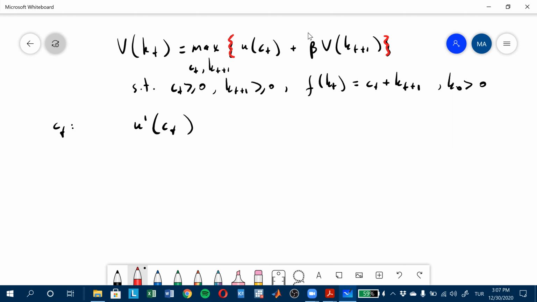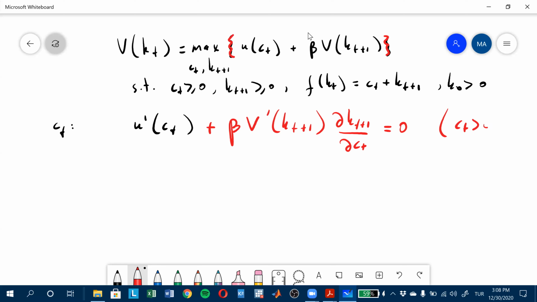So there must be some sort of a first order condition, all right? You have U prime CT plus beta, then you have, you see what do we require here? We want this to be differentiable, right? Because I am differentiating V with respect to KT plus 1, and I am differentiating KT plus 1 with respect to CT. And this must be equal to 0 if CT is positive.